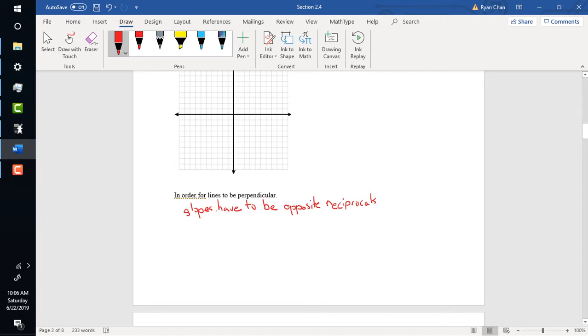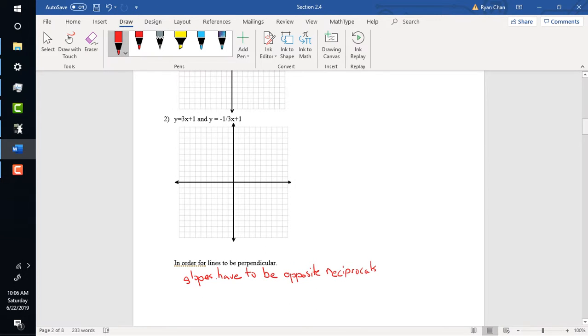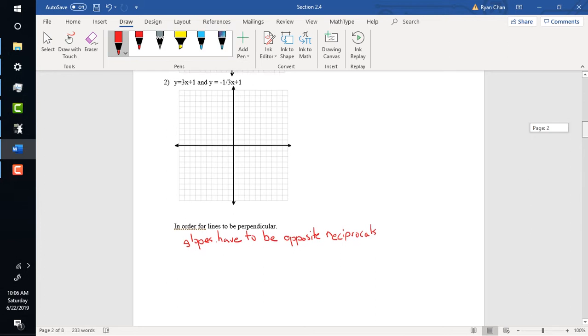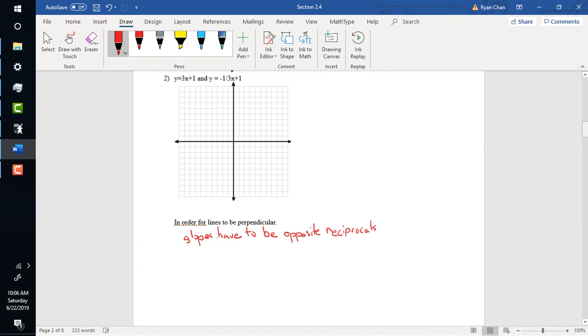It means that your first slope is the opposite sign of your second slope. So notice 3 and negative 1/3 obviously have different signs. And then it's reciprocal, right? Which means that it's flipped upside down. So 3, if I flip it upside down, will be 1/3. That's a reciprocal, okay?